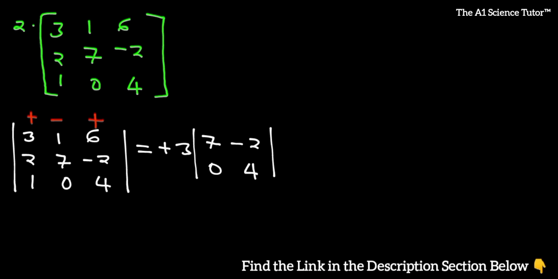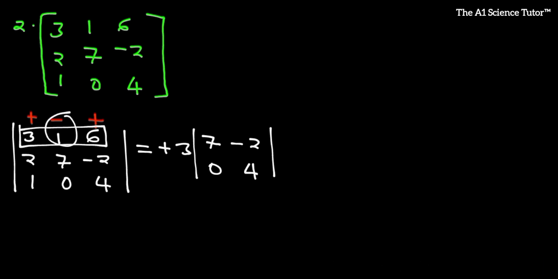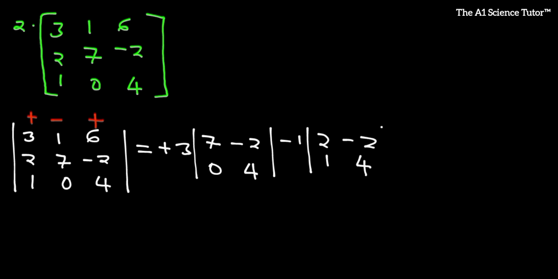Now next up, I have a -1. So I need to cross out all these elements as well as this. So I'm actually just left with 2 and 1, as well as -2 and 4. So that is going to be -1 multiplied by the determinant of 2, -2, 1, and 4.